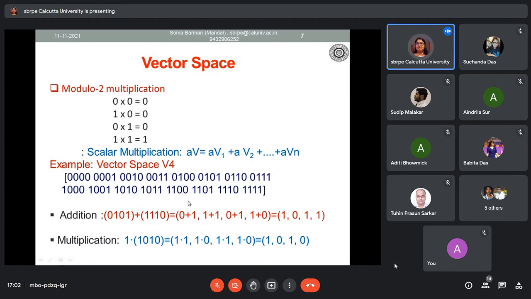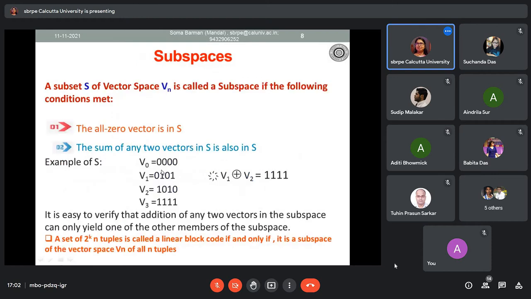So all these are subsets of the V4 vector space. You cannot say all the codes within V4 space are subspaces. They have to satisfy the properties.